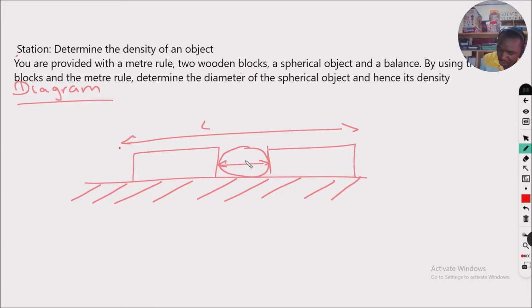You don't need to draw the ruler across. Make sure you indicate the quantities you're measuring. So for the diameter, I need to also measure the length here. And that's it for your diagram, 2 marks. You don't need to draw the balance, but make sure you indicate the mass here.